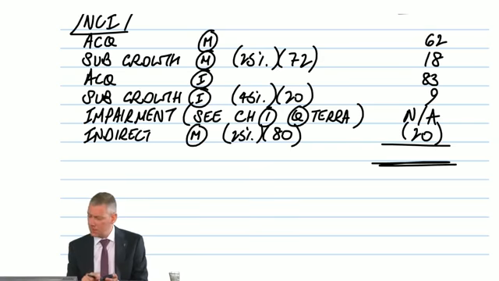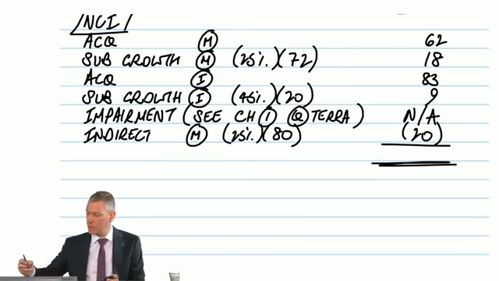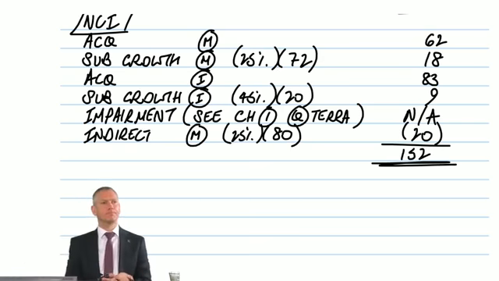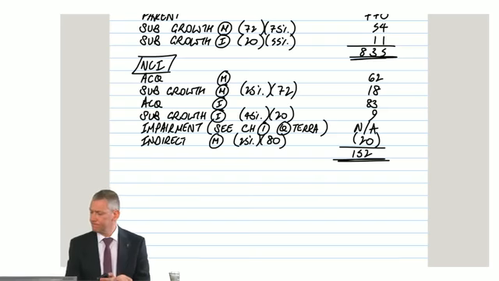So 62 plus 18 plus 83 plus 9 minus 20 is 152. So we have 152. And 835 for the retained earnings.